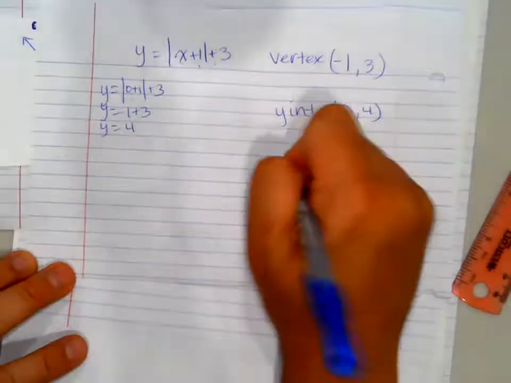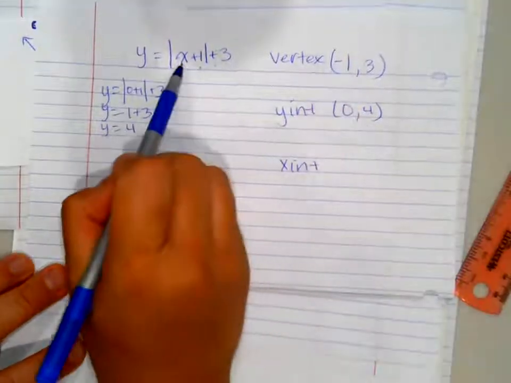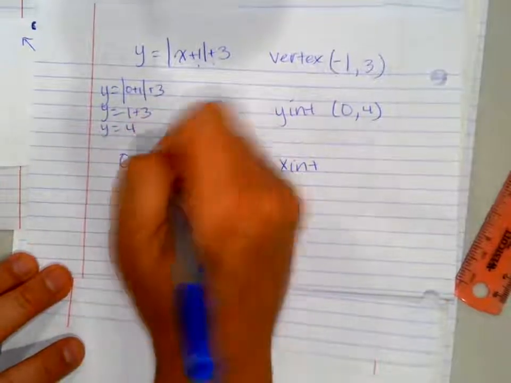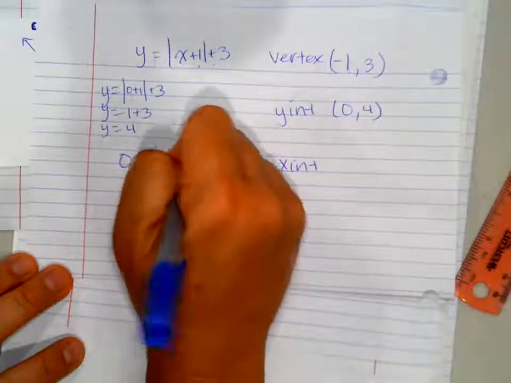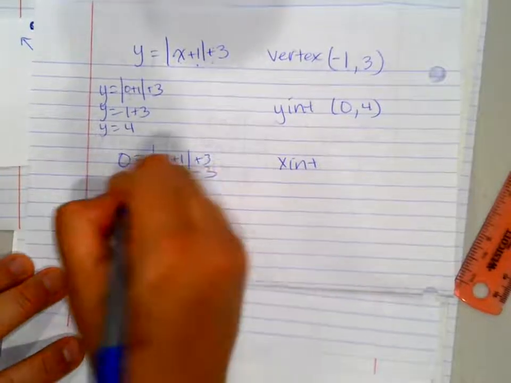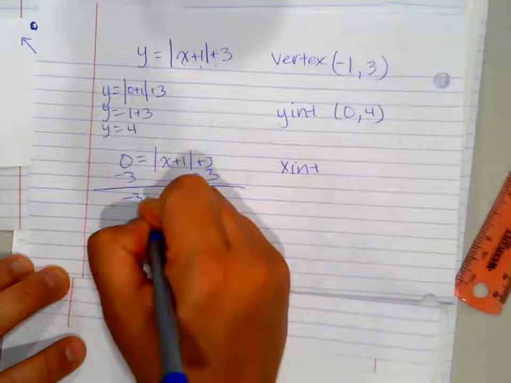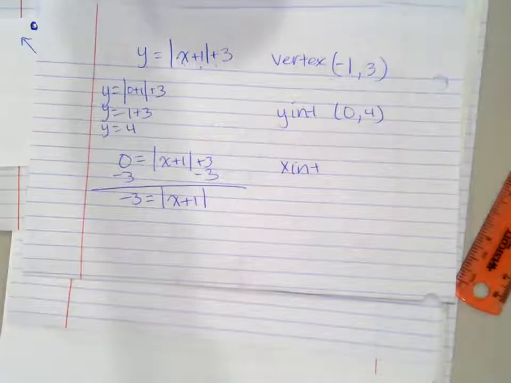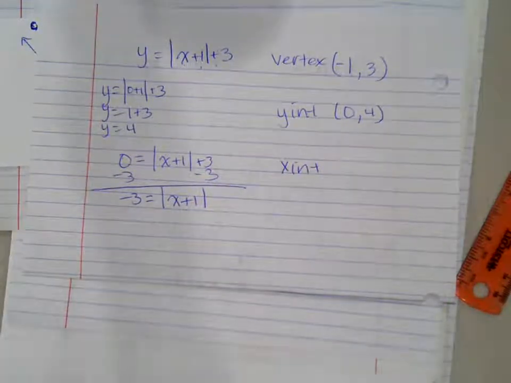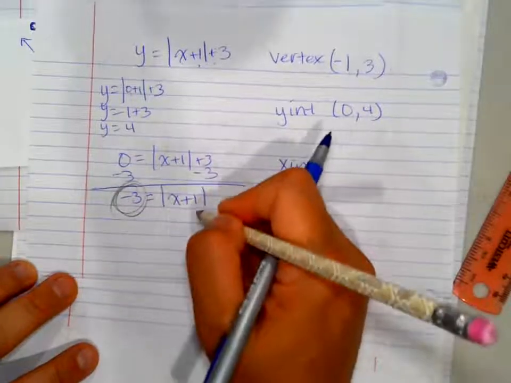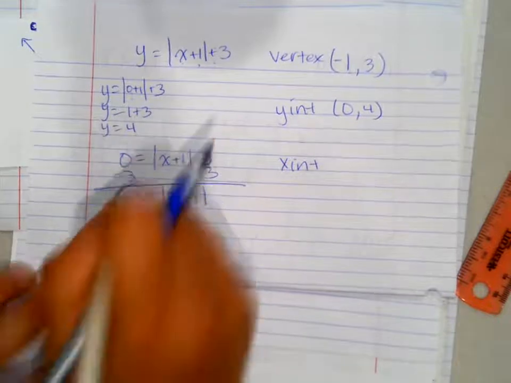Let's find our x-intercepts. To find your x-intercepts, you make y equals 0. So 0 is equal to the absolute value of x plus 1 plus 3. Subtract 3 from both sides. Negative 3 is equal to the absolute value of x plus 1. And this is where the light bulb should come on, okay? Right here. When you have the absolute value of something, you can't get a negative.